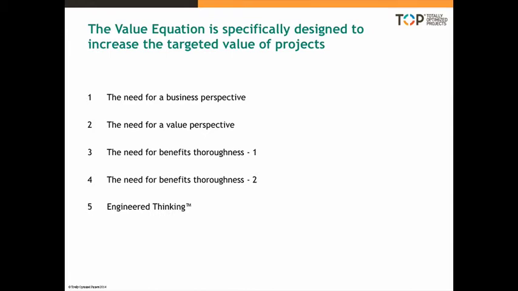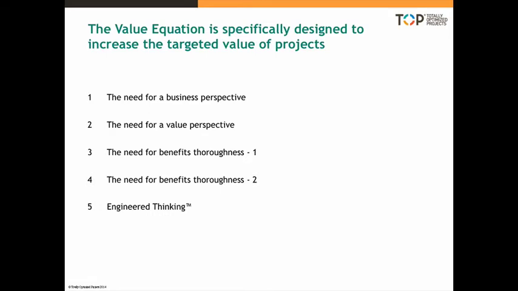Using the value equation during the outcomes definition process, it's not unusual for the initial objective that we start with to be transformed into a totally different topic, as the oracle and scribe method causes oracles to articulate what they really want. This comes as a result of the brain making connections from that initial objective to new ideas and thoughts, and this is all totally painless to the people involved.